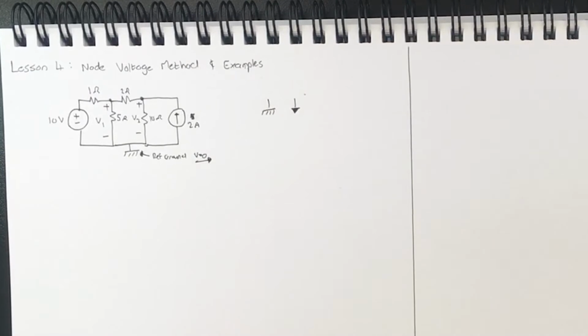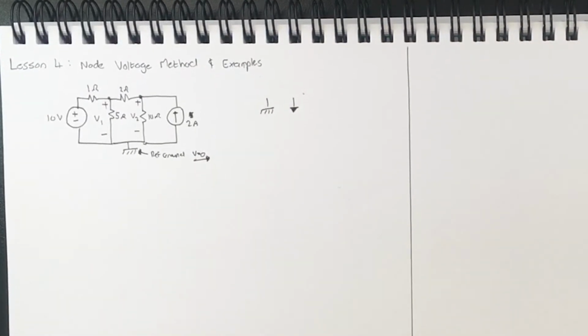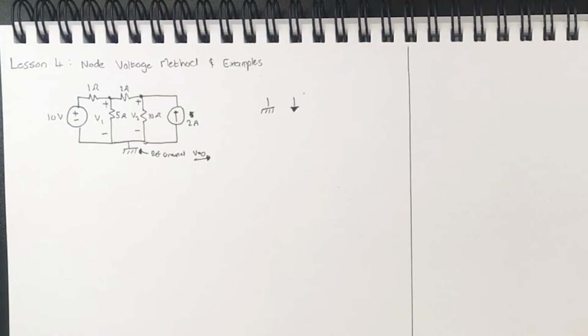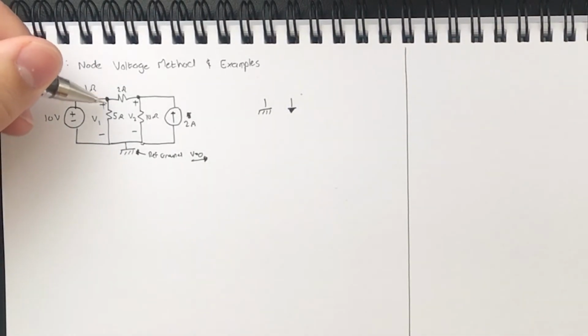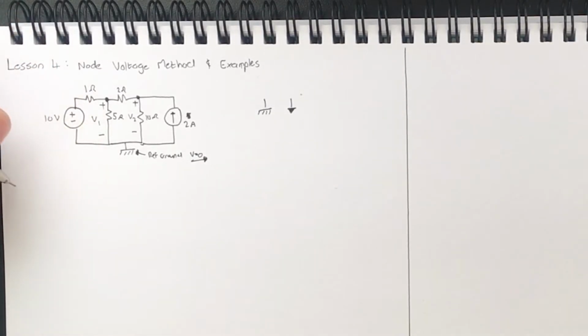The node voltage method often encourages us to create simultaneous equations. So hopefully we're familiar with that. We know that we need one for every defined variable. So let's take this node of V1. What is KCL at that node?